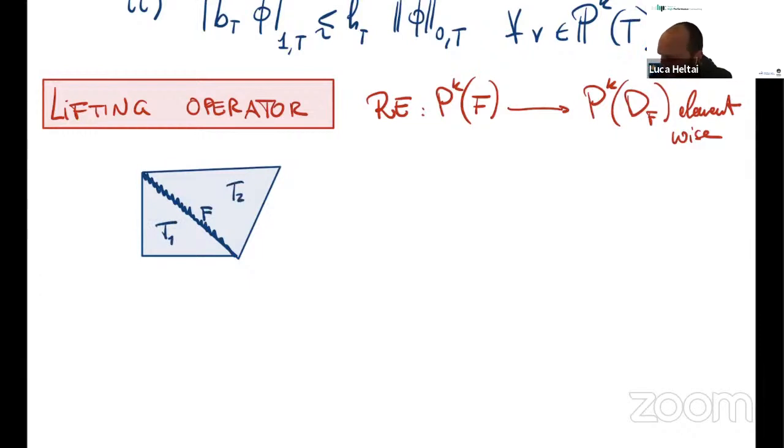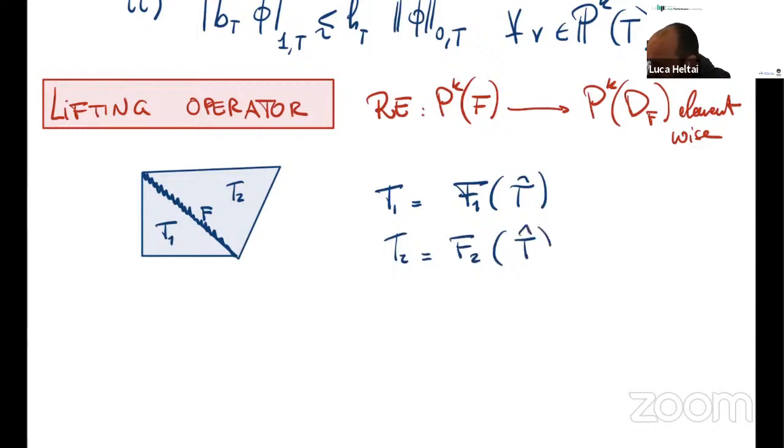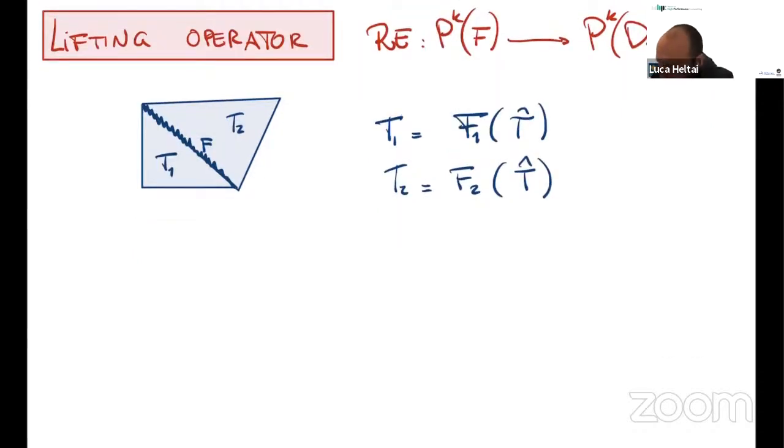And we assume this is the face that we have over here, and we assume that T1 is equal to F1 of T hat, and T2 is equal to F2 of T hat. Okay, both T hat are the same, so we have basically the reference element we've called T hat in all the previous lectures, so I'll keep using it in this way. So this is T hat, there's a point X hat here.